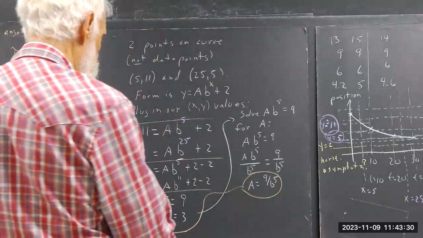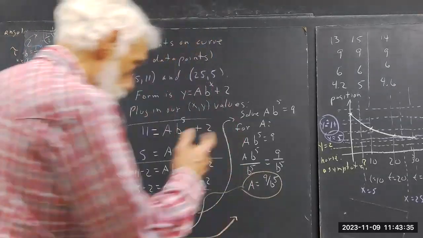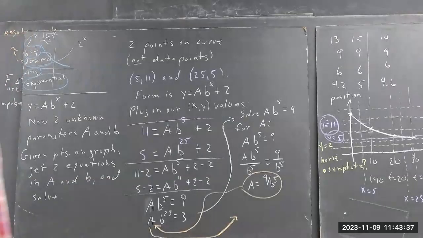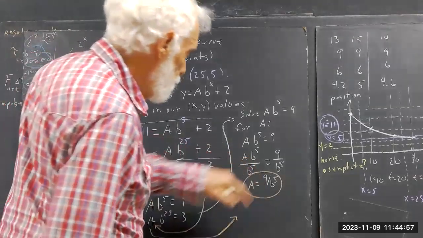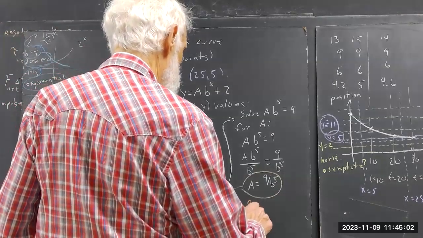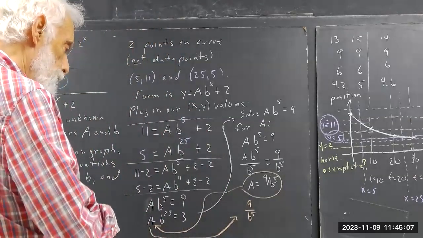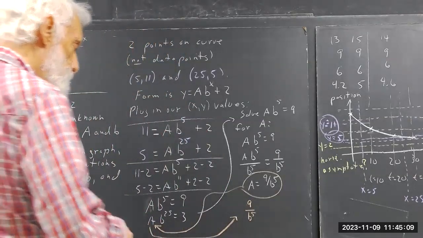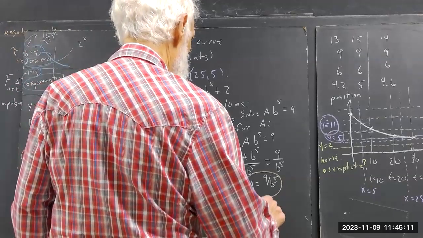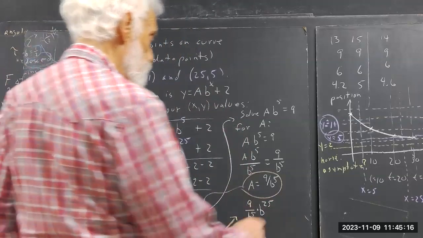Plug it in here. And what equation do we get? Okay, a is now 9 divided by b to the 5th. We plug that in for a. Well, that's going to give us 9 over b to the 5th times b to the 25th equals 3.